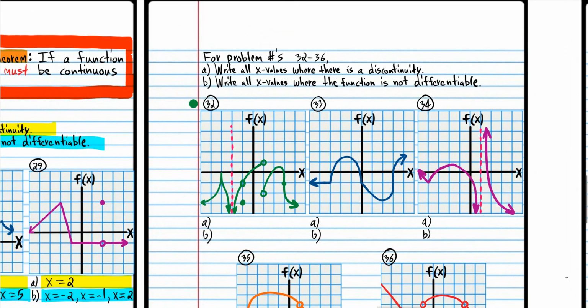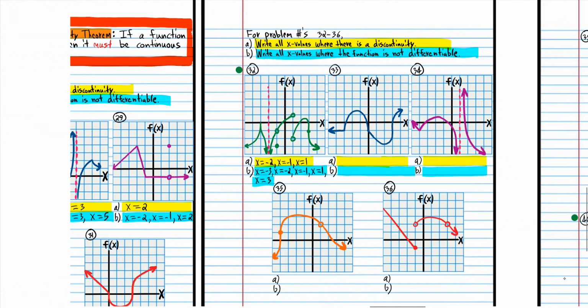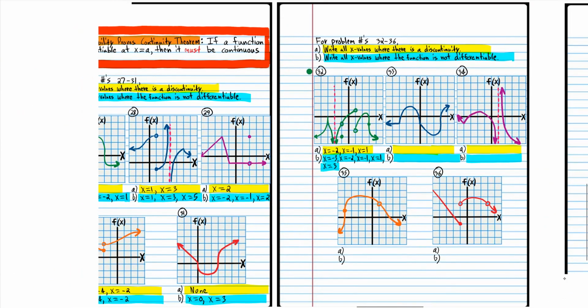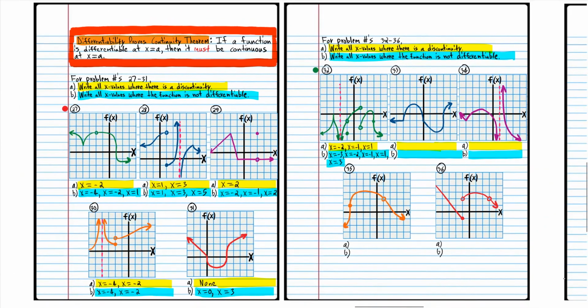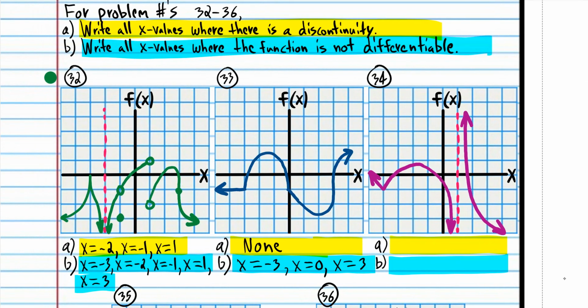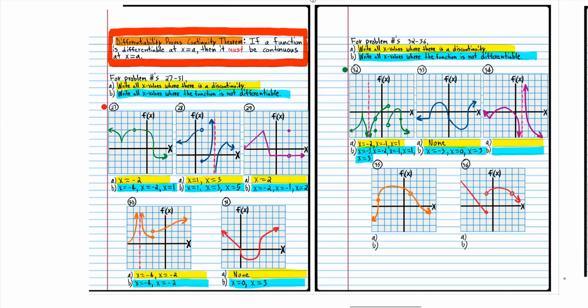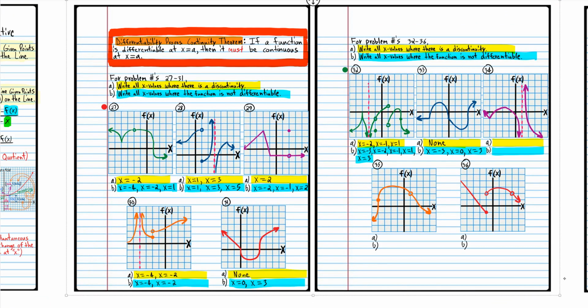Okay, we're back. So if you got that right, excellent. Go ahead and try number 33. And when you come back, we'll do it together. Okay, we're back. If you got that right, excellent. Go ahead and try number 34. All right, we're back.